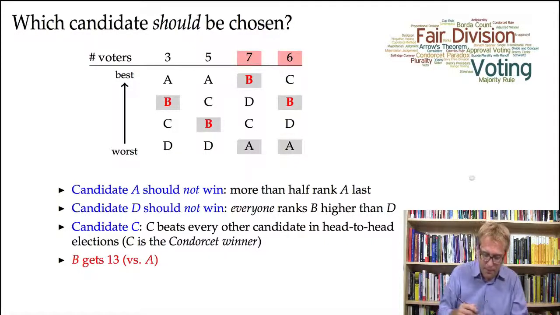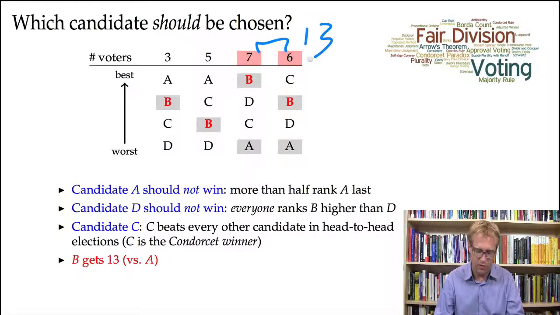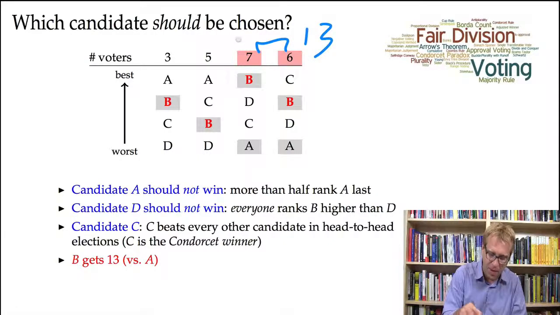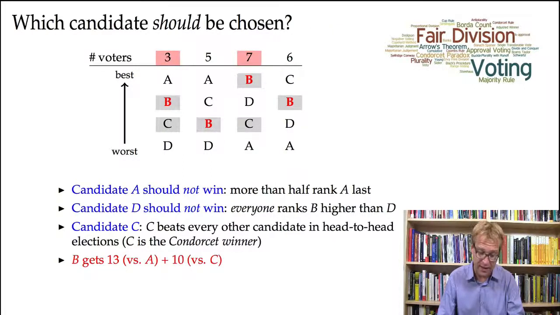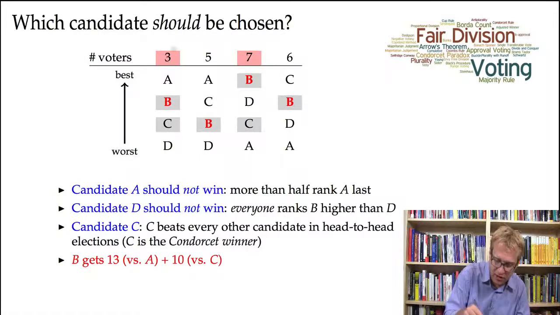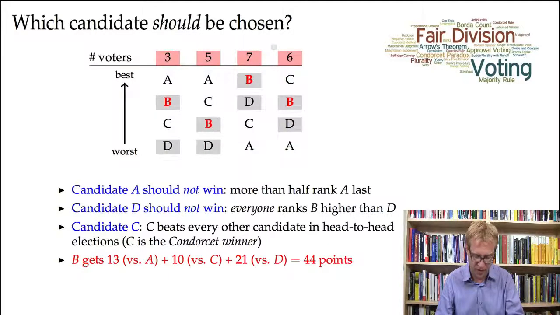So when Bob goes up against Ann, we see that Bob gets 13 votes, and the remaining 8 people would vote for Ann, so he doesn't get any support from those 8. But from this group over here, he gets 13 points. Against Charles, we've already mentioned this, Bob is going to get 10 points because 10 people will vote for Bob over Charles.